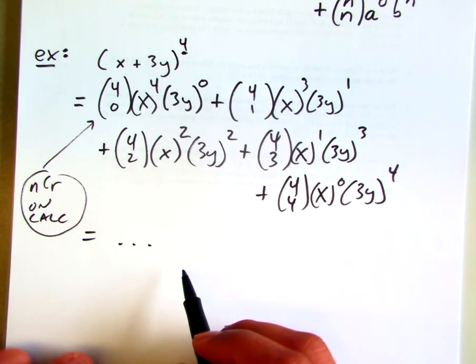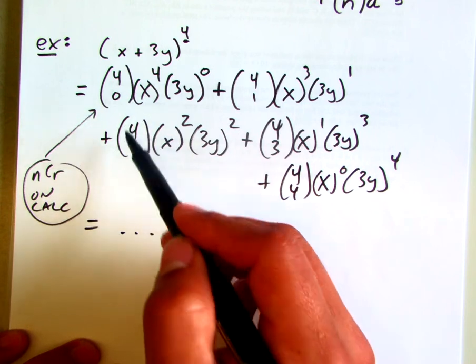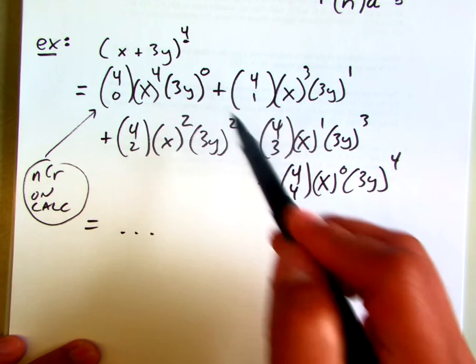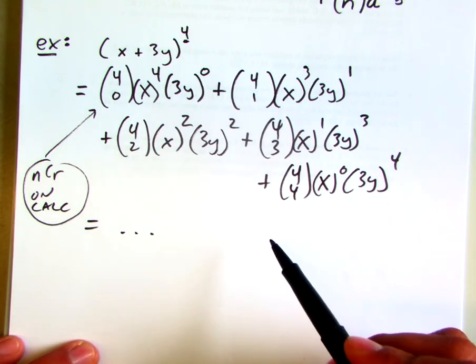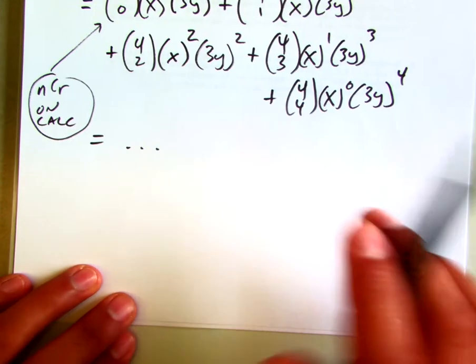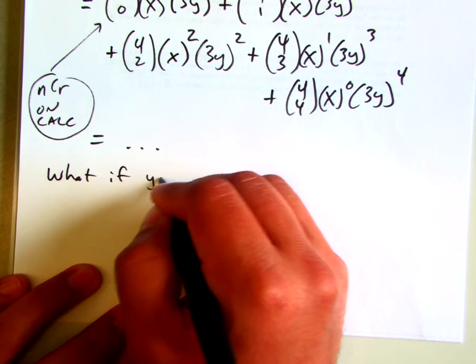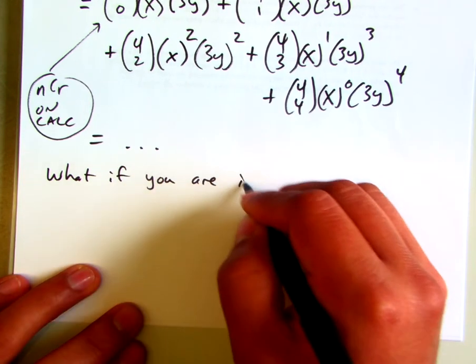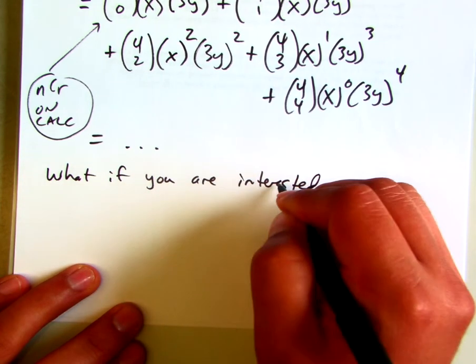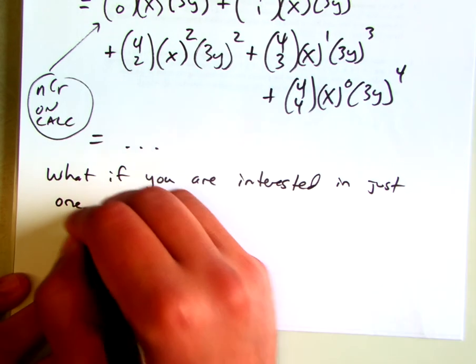Now, we're clearly not done, and in the interest of time, I'm not going to actually finish the problem because you can do that on your own. The important thing is we know how to set this up. Now, the last part is this. What if you are interested in just one term only?